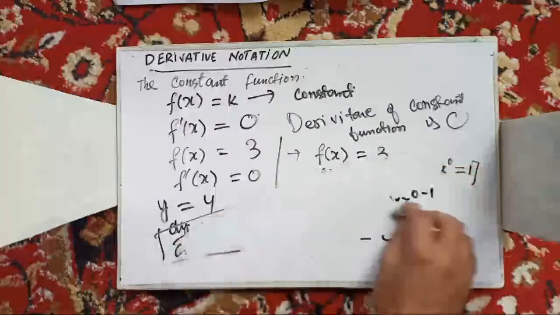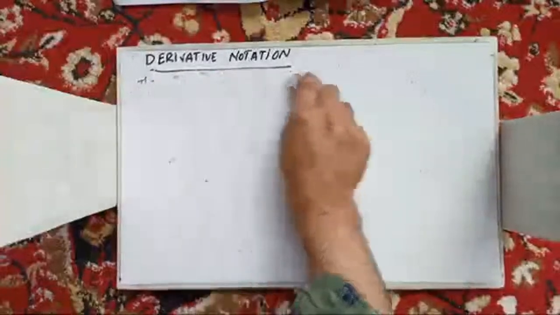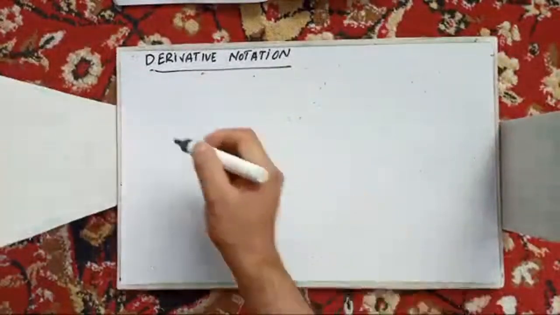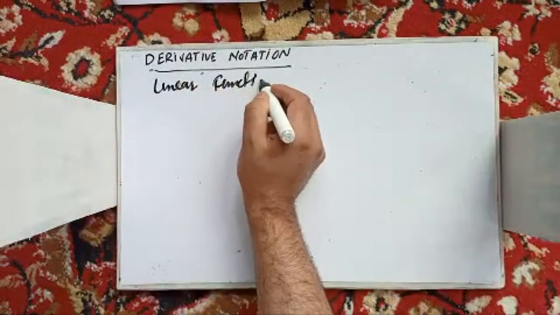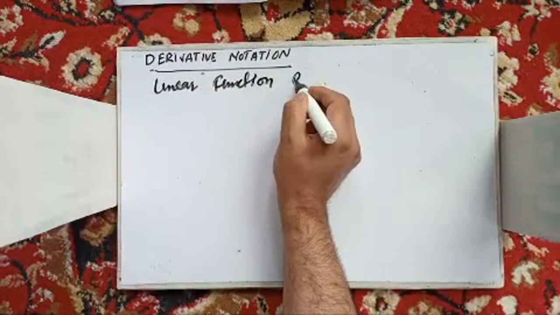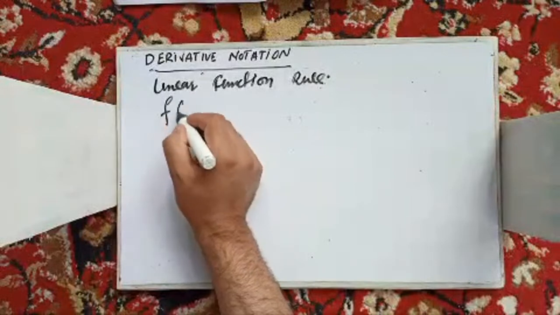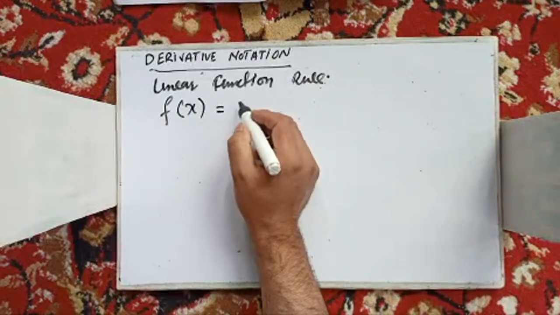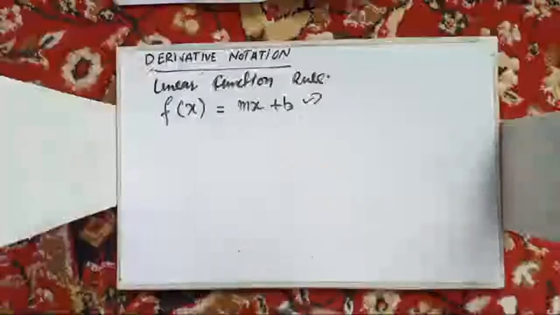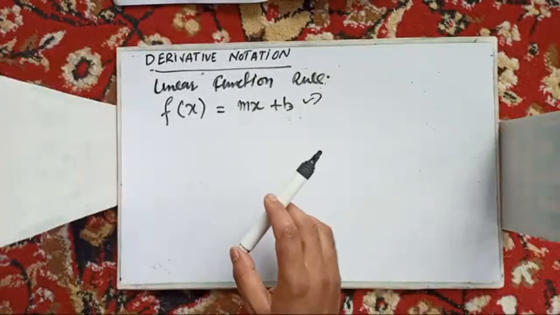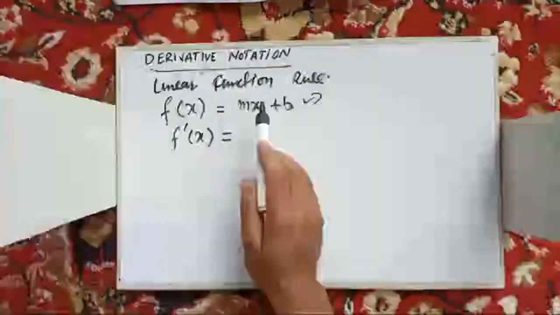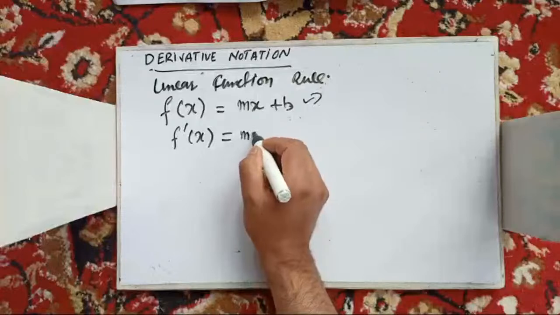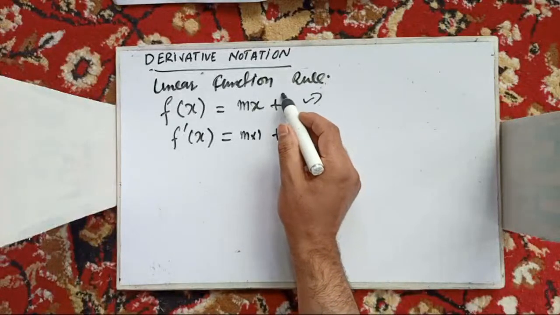Now comes another rule, that is the linear function rule. It says, if we are given a linear function, that is f of x is equal to mx plus b, the derivative is m times the derivative of x, which is 1, plus the derivative of b, where b is the constant.